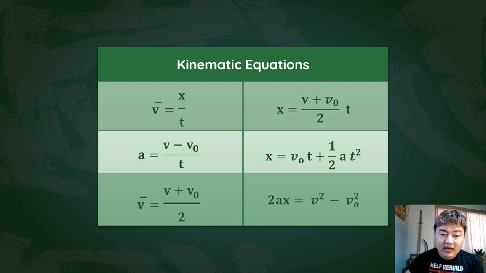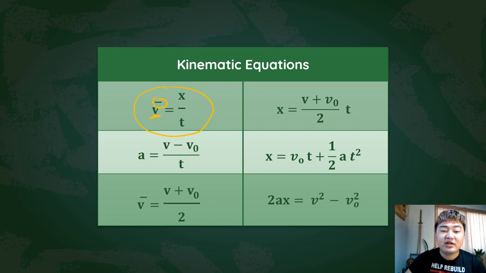So the first one is average velocity, with a bar on top. Average velocity is equal to x over t. So x is your displacement or your position. In other equations, x is also represented with the letter d.